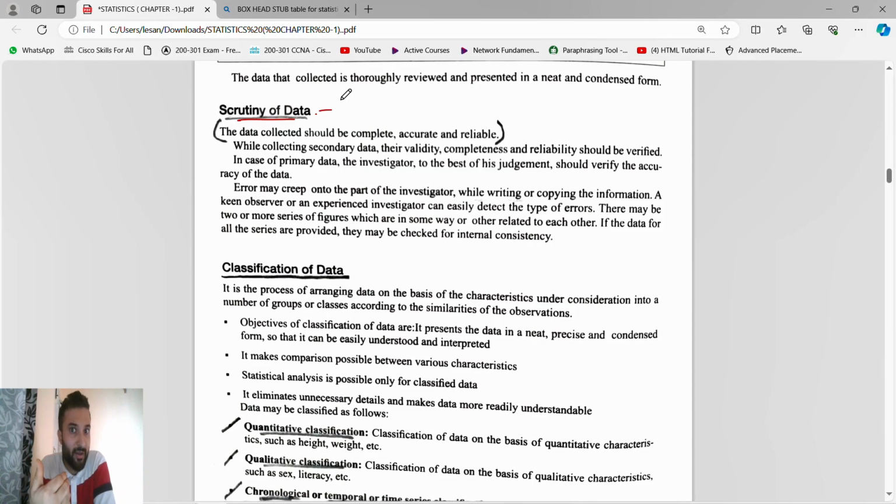You become friends, go outside, move around, go for breakfast and lunch, and meet during break time. So you are collecting information directly from that person and sharing your information directly with them. That is primary data.